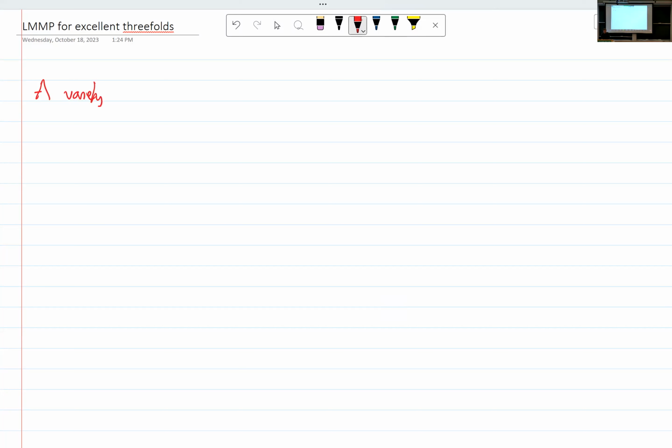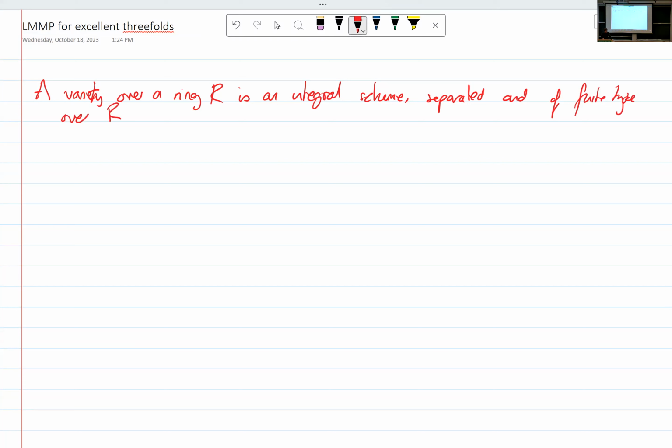A variety over a ring R is an integral scheme which is separated and finite type over R. I'm not assuming geometrically anything, just an integral scheme separated and finite type over R. And if I talk about V, V is Spec R, and this R is just going to be the base.